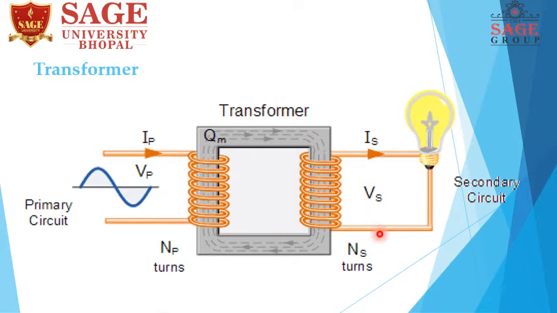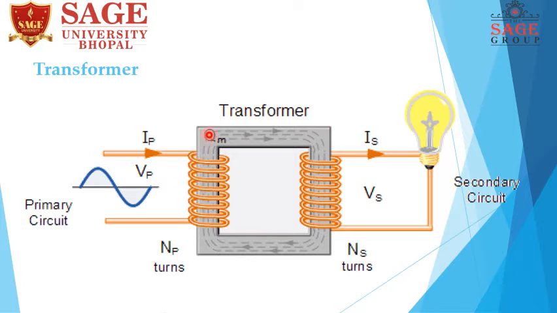Whenever current comes in the coil, current flows through the primary winding as well as the secondary winding, and the current then induces flux in the core section. The flux is induced in the primary coil as well as the secondary coil, and this flux is mutually induced in primary as well as secondary.